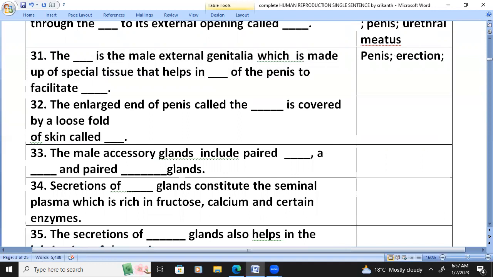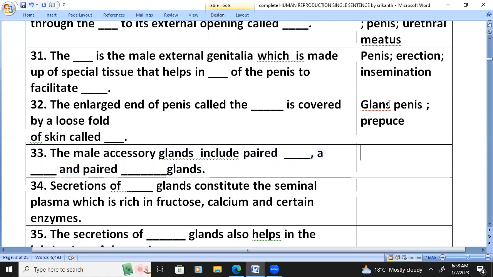The two columns of corpora cavernosa are the special tissue that helps in the insemination process. The enlarged end of the penis is called glans penis, and the loose fold of the skin is called prepuce.